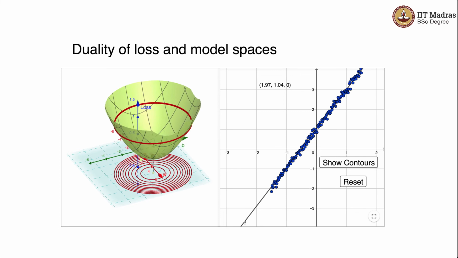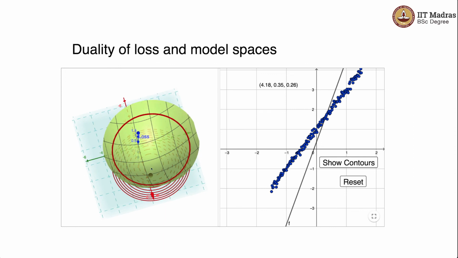As we slide this ball away from the center, you can see that the error starts increasing, and the model fitment is becoming worse and worse. We are moving away from the training set, the error is going up, and as I come closer to the center, I have better fitment, right?